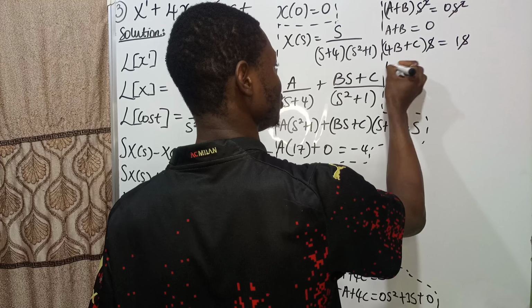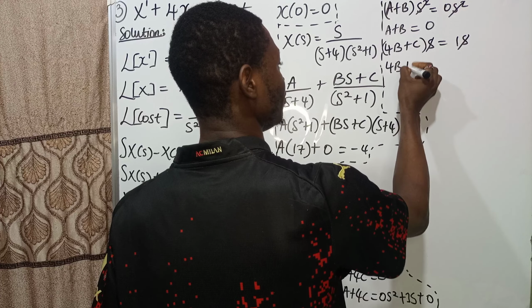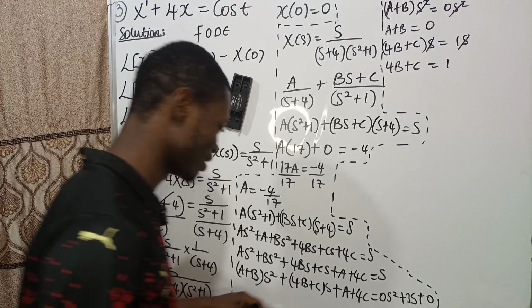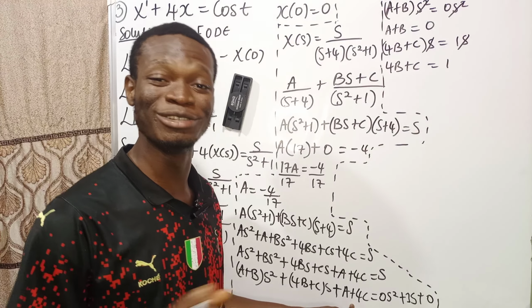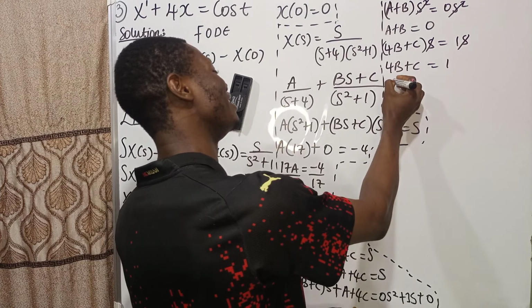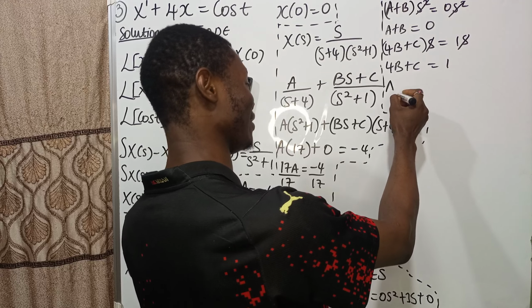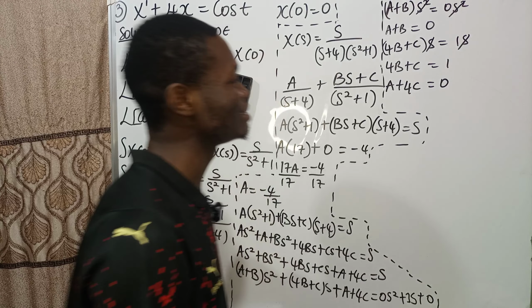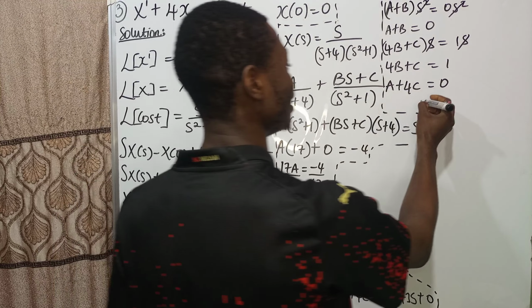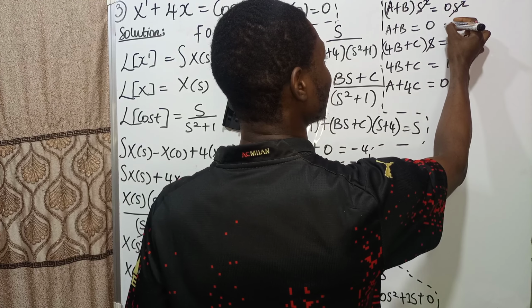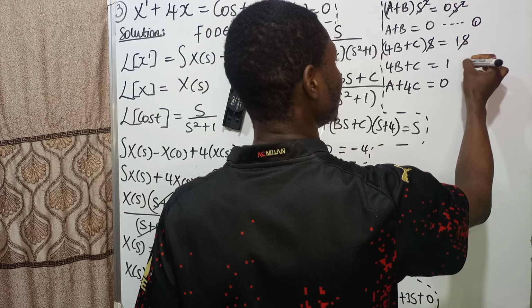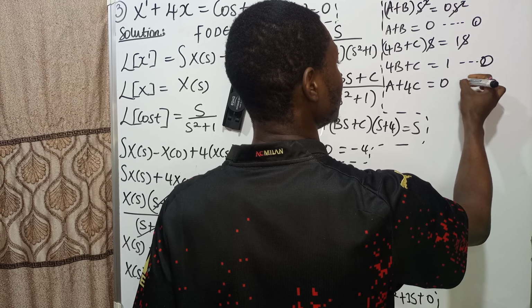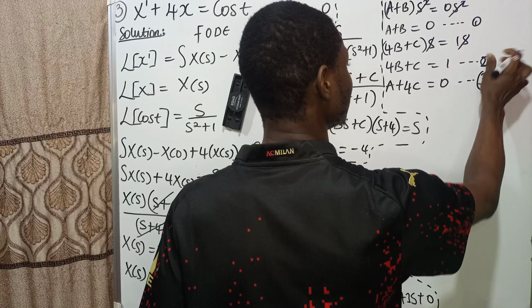So cancel, we have 4b plus c is equal to 1. These people that don't have money, no need of comparing. So I can say a plus 4c, automatically 0. So we can call this equation 1, equation 2, and equation 3.